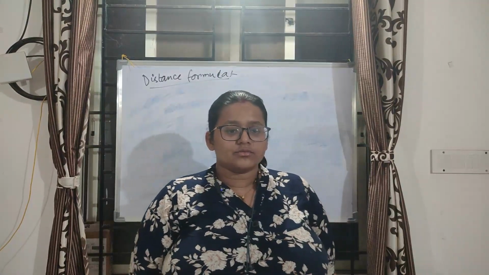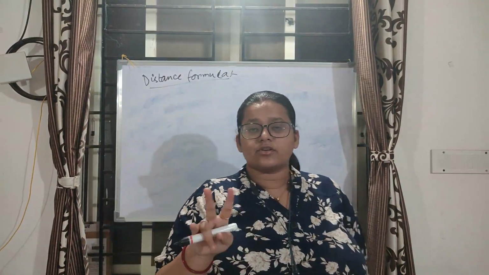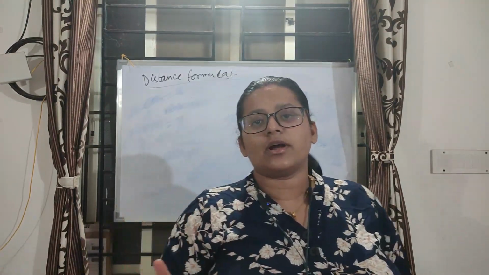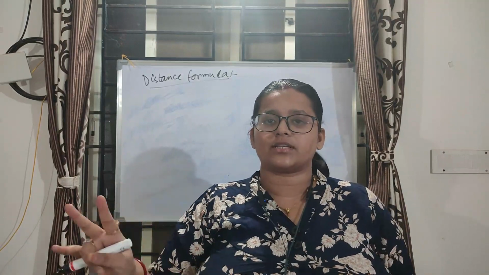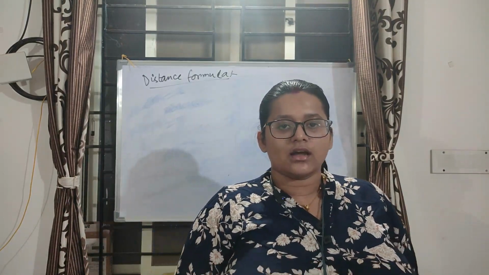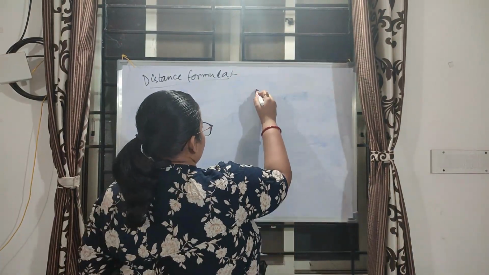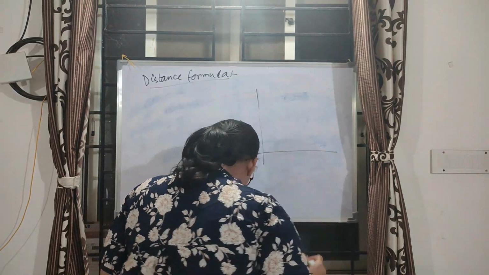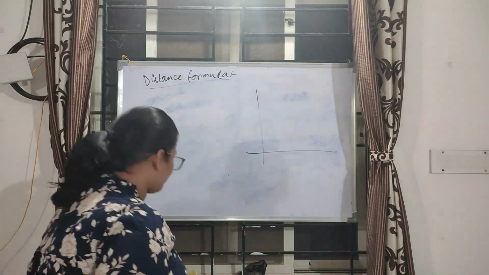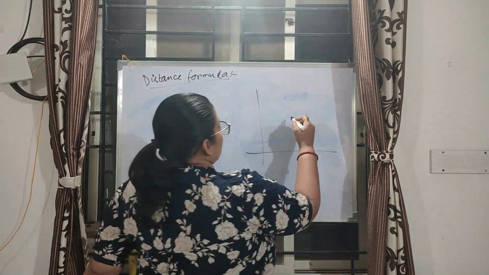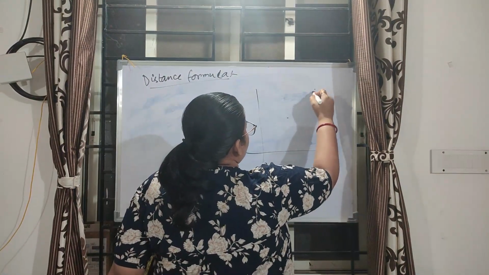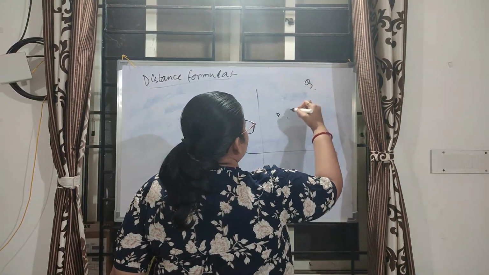In the distance formula, basically we will be given 2 points' coordinates. You need to find the distance between those 2 points. We can use the direct formula, but I will show you the method also, how you can find the derivation of that distance formula.